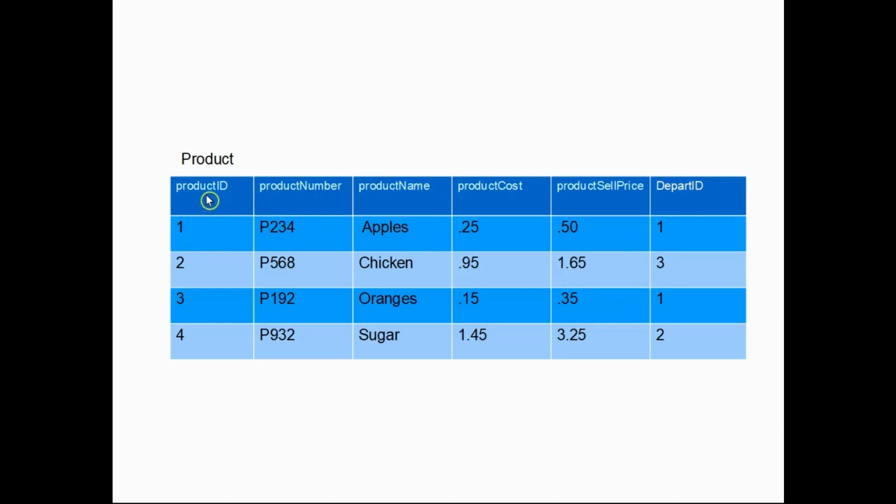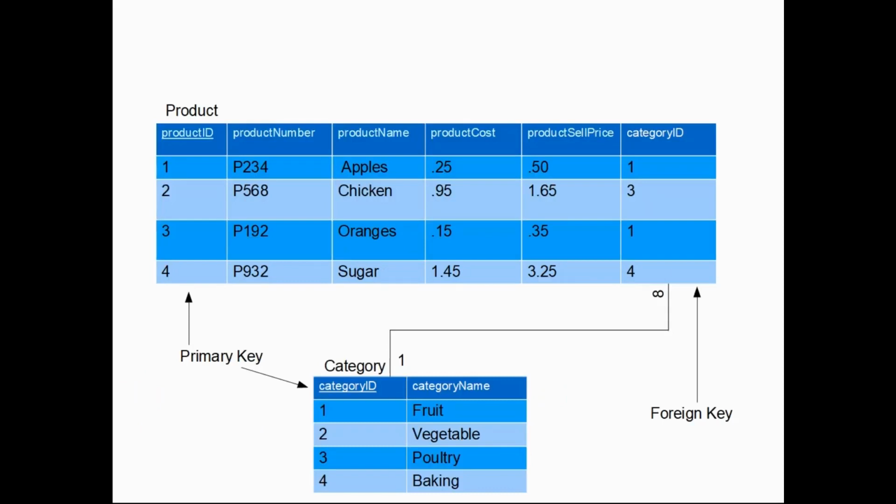Every column name in a table must be unique, so you can't have two columns with the same name. In different tables, that's perfectly fine, no problem there, but in the same table, you cannot. Let's continue. Here I'm showing two tables, and they're related to each other through this link.